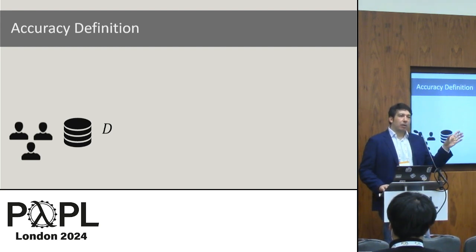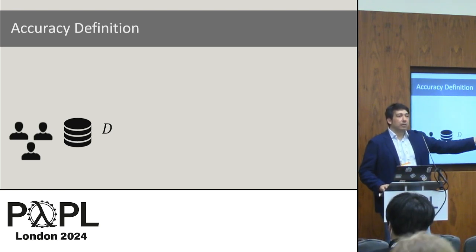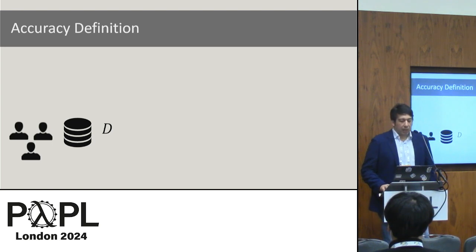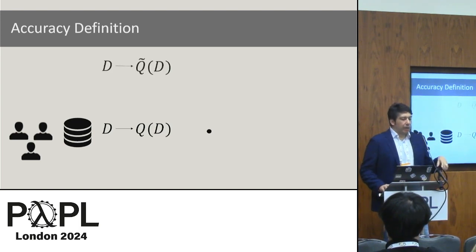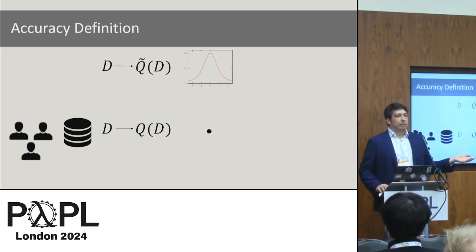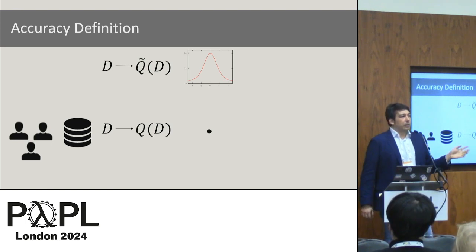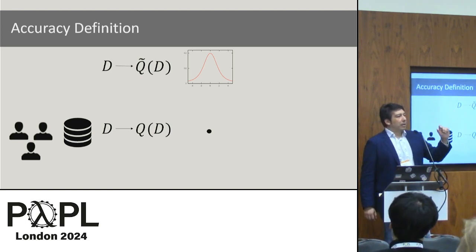Remember, we have a query Q and a randomized version of that called Q tilde, where we take noise from the Laplace distribution. If you run the query Q on D, it gives you 1 point. That's the real result. If you run the query Q tilde, it's a distribution. So we need to reason about how far the points in the distribution are from this real point.